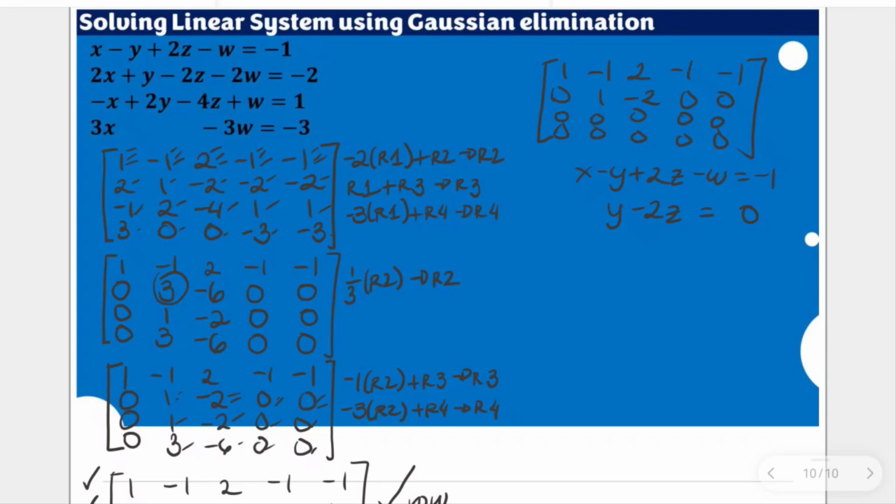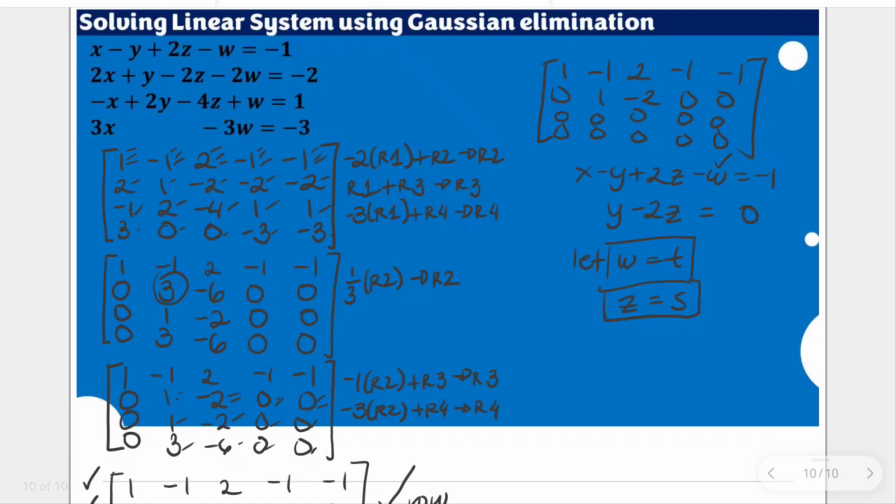We don't have any other equations that will include x and w. So we will expect that there are representations of arbitrary variables here. But let's start with w. Let w be t. That would mean this is already with a representation. But to address the second equation, y minus 2z, let's also use z equal to s.